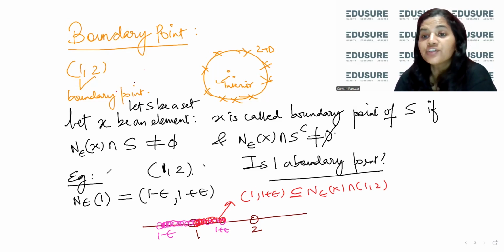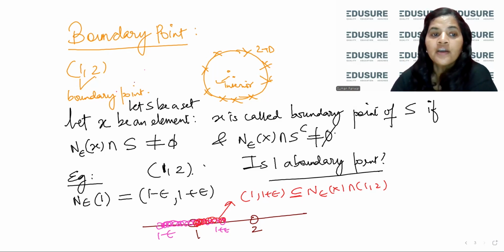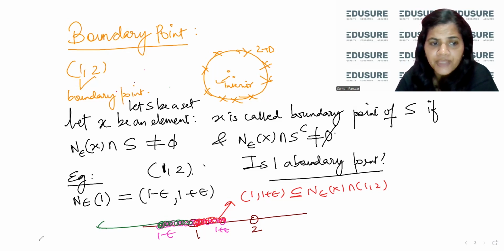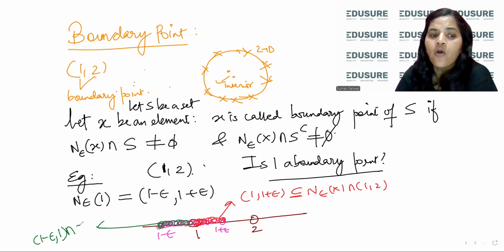Therefore, the intersection of the neighborhood with the set is not empty. Also, you can see that there is a part which is outside the set. This particular part, the green part, that is (1 minus epsilon, 1), also has an intersection with the complement of S.